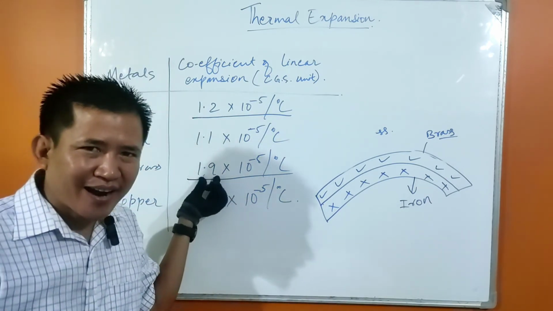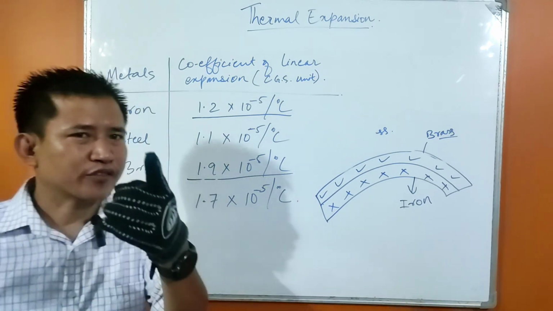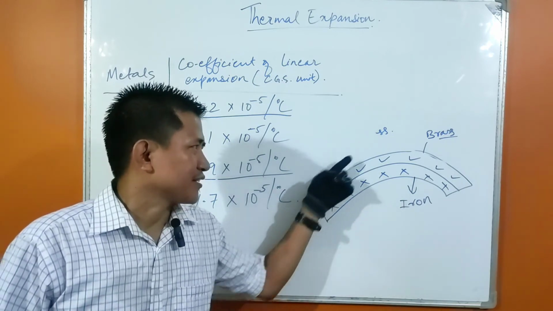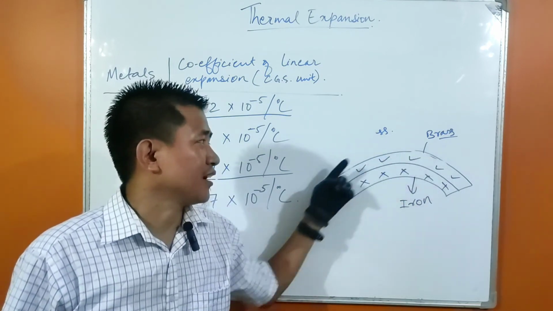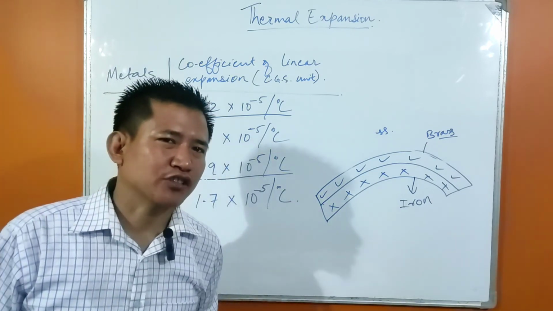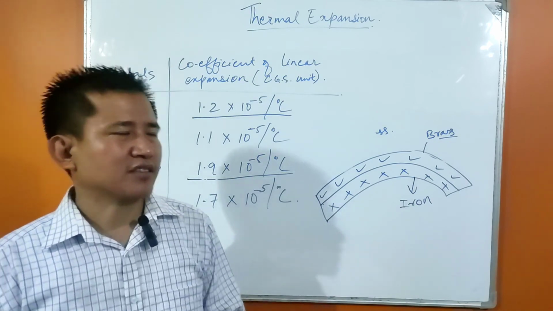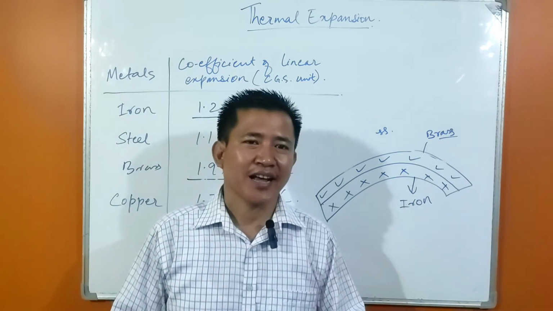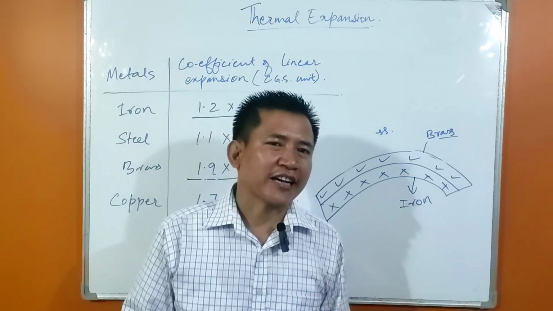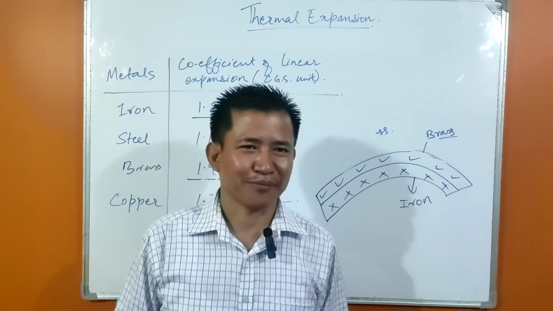Obviously 1.9 is greater, right? So brass expands more than iron, okay? Brass is on the convex side because the coefficient of linear expansion of brass is more than that of iron. This table and this experiment show us that all metals do not expand equally for an equal amount of heat or equal rise of temperature, okay?